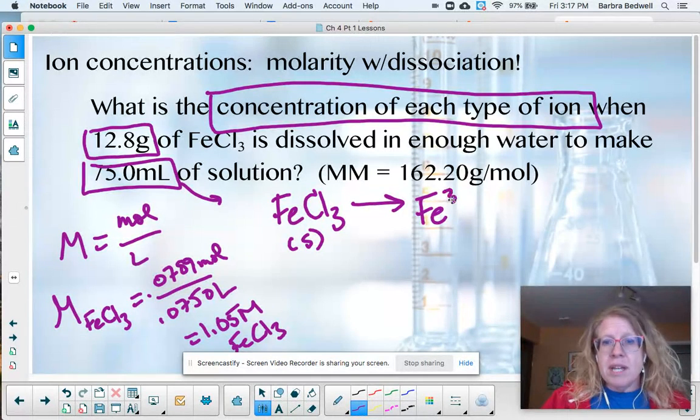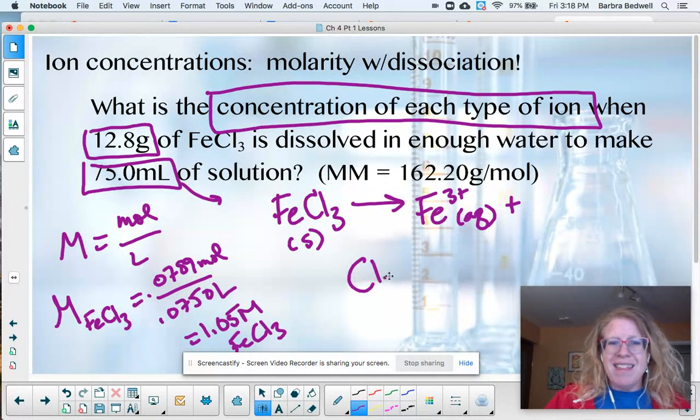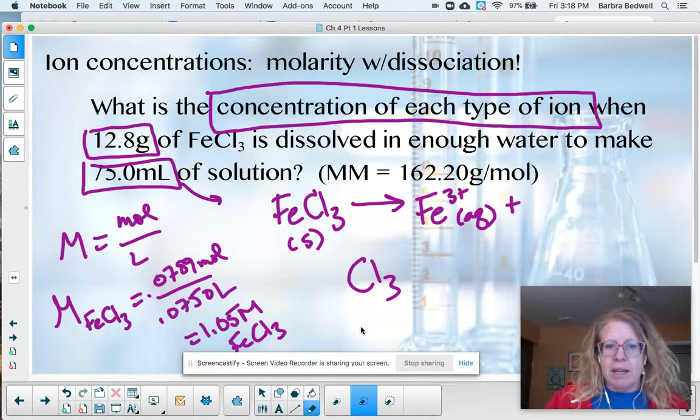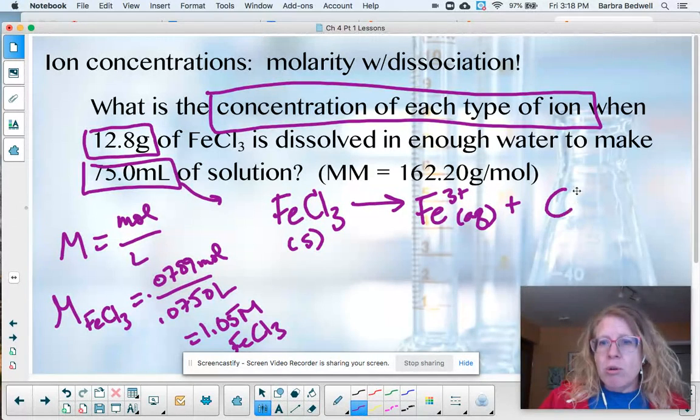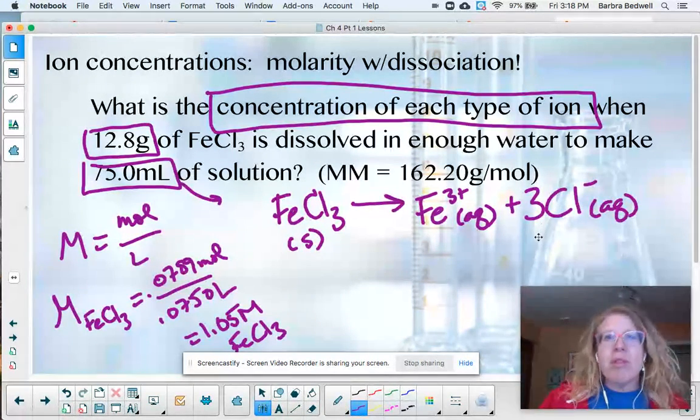Well, there's an iron ion, iron 3. There it is. I'm going to put AQ to say that now it's in solution. And I've got chloride ions. But remember, chloride ions is not this. That's not a chloride ion. That 3 is there because of balancing charges. It's chloride ions like this, AQ, and there are 3 of them.